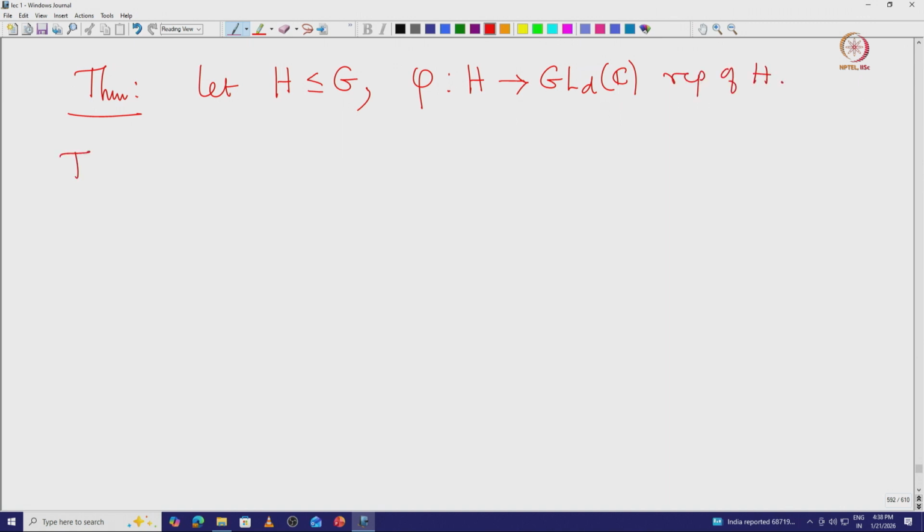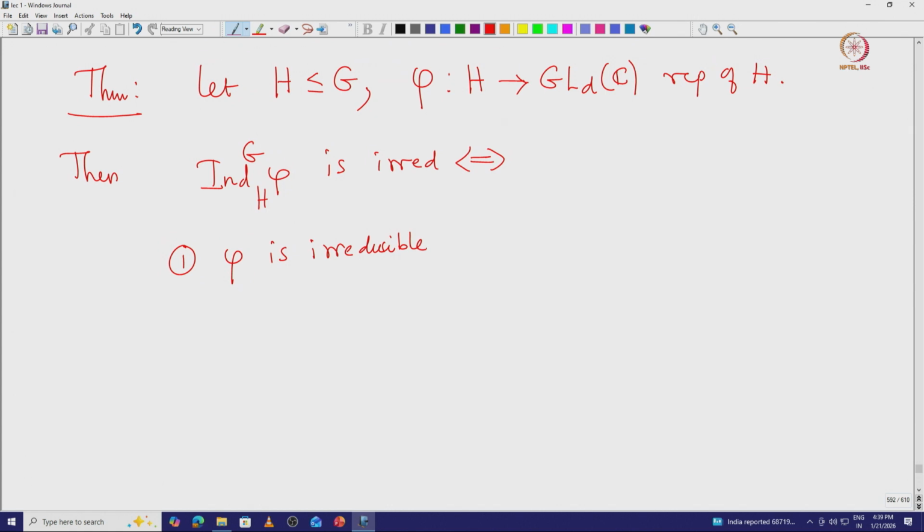Then we want to look at the induction of phi from H to G, and understand when it is irreducible. We prove that it is irreducible if and only if the following conditions are satisfied. The very first condition: phi must be irreducible.